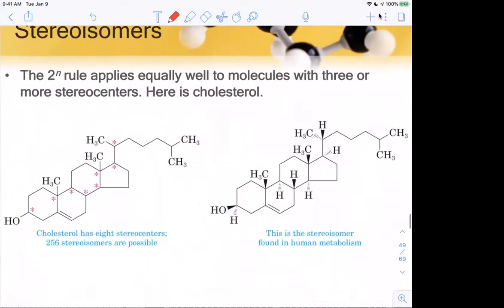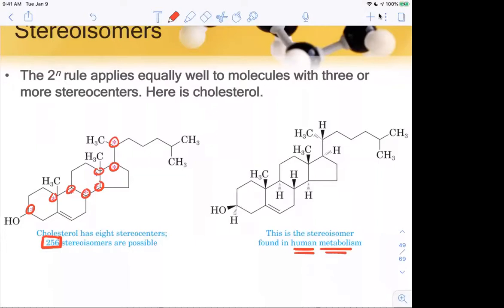This is cholesterol. I have 1, 2, 3, 4, 5, 6, 7, 8 stereocenters in cholesterol. So I could have 256 possible combinations. Only one is found in human metabolism. This is something that's really important. This is a really important feature of bioorganic or biochemistry.